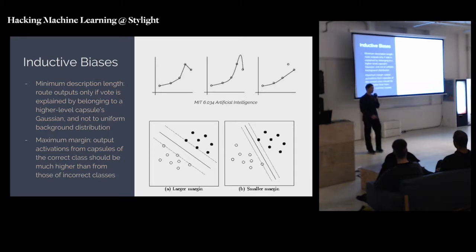And the idea is we impose a sort of cost. There's a cost for explaining something as being part of this uniform, and there's a cost for explaining a vote as being part of a higher level capsule, right? And so you can imagine that if a vote is very close to what we've estimated the mean of a higher level capsule's votes should be, then that should be a relatively low cost.